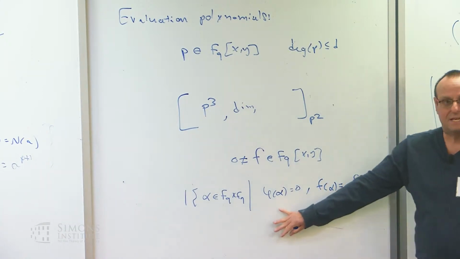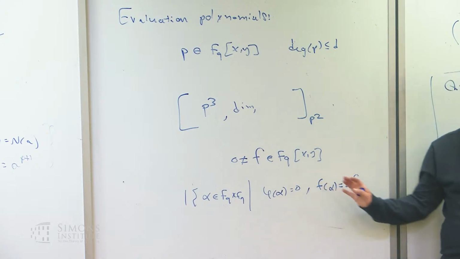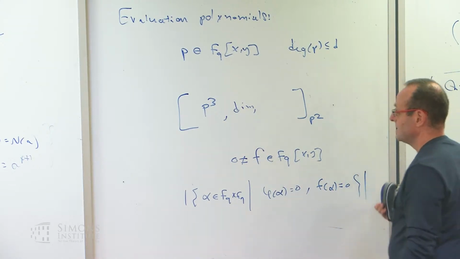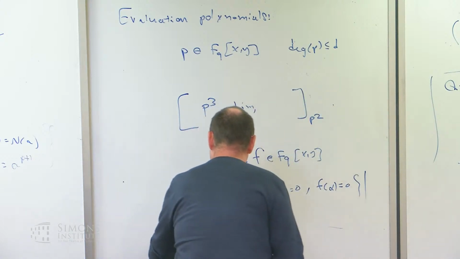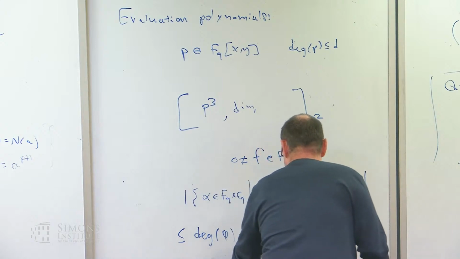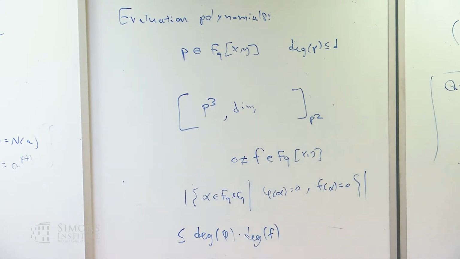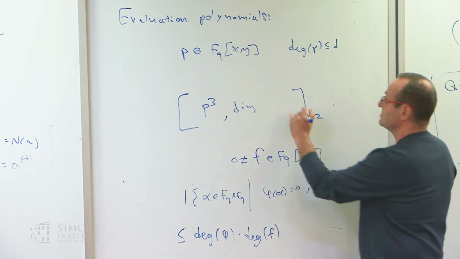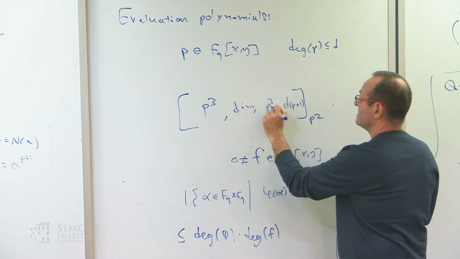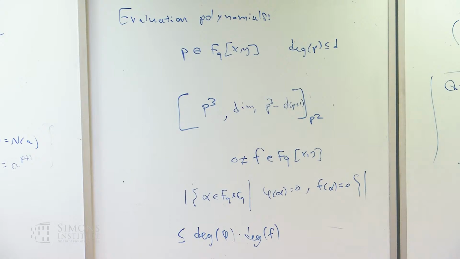And phi is an irreducible polynomial, that's a fact. Then by Bezout's theorem, the number of elements in this intersection is at most the degree of phi times the degree of f. So that's easy. The number of zeros is at most d times (p+1). So the distance is at least the length minus that. Okay? It's really easy.